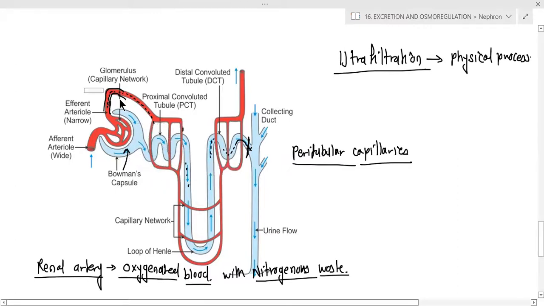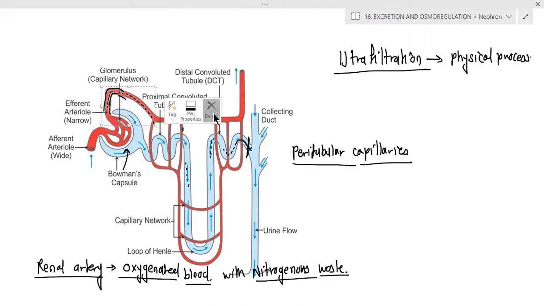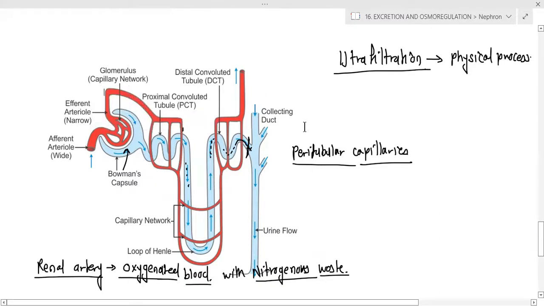There is nothing called a renal capsule. It is the Malpighian body, or renal corpuscle, sorry. There is nothing called a renal capsule.